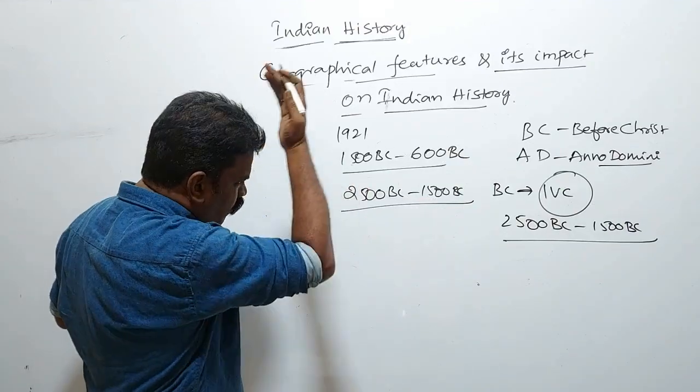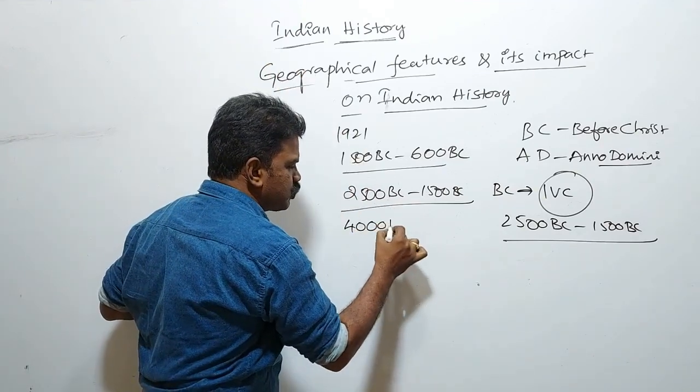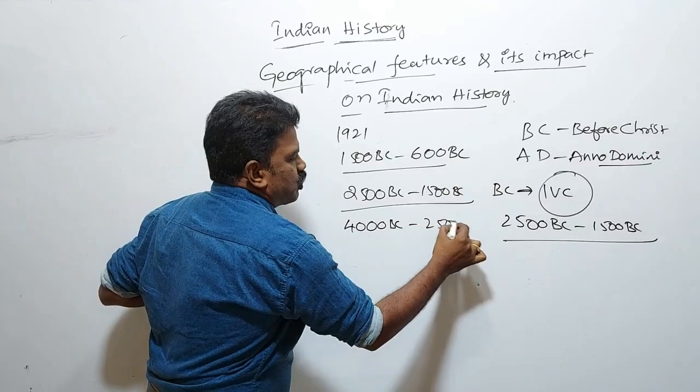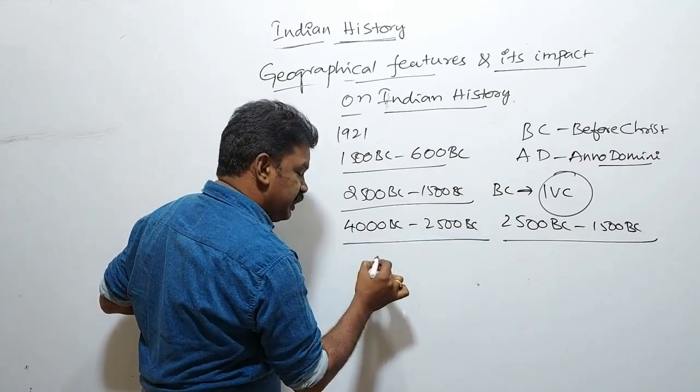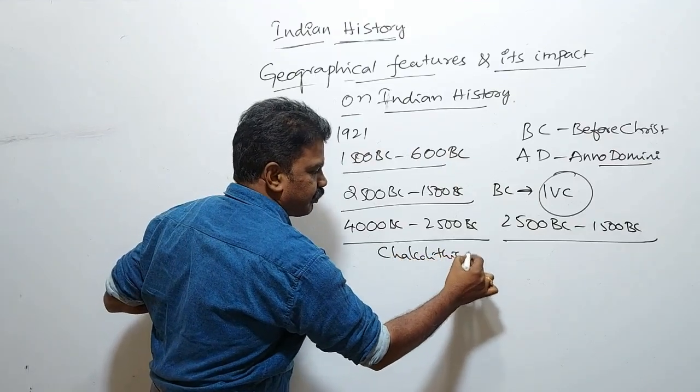Like this, we go back: 4000 BC to 2500 BC is the Chalcolithic age.